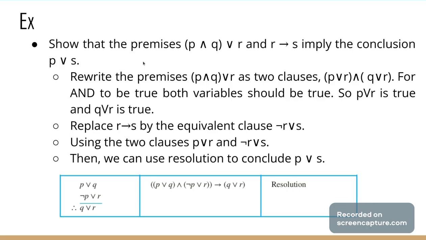Okay, another example. Show that the premises P and Q or R, and R implies S, imply the conclusion P or S. First, let's rewrite the premise. When we rewrite it, we get P or R and Q or R. We rewrote this statement with an equivalent statement.